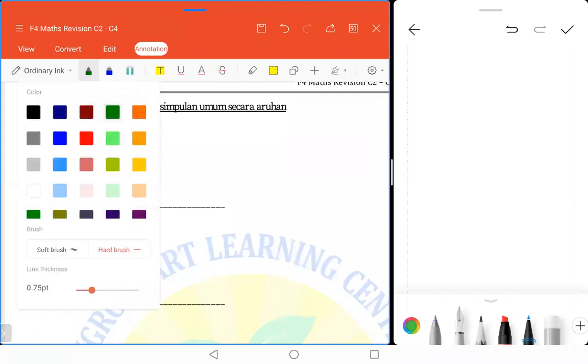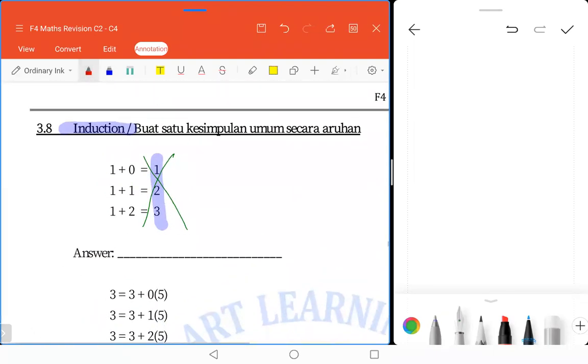Here 1 plus is fixed, all the same. Then 0, 1, 2 in sequence is changing, so we change it to n.